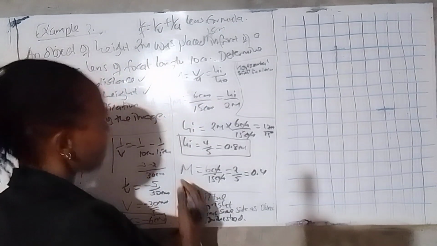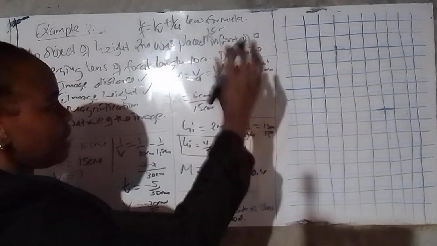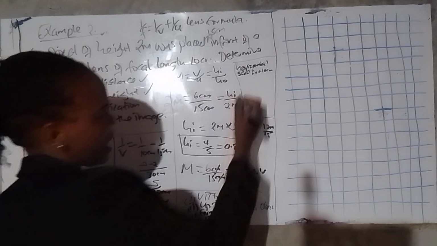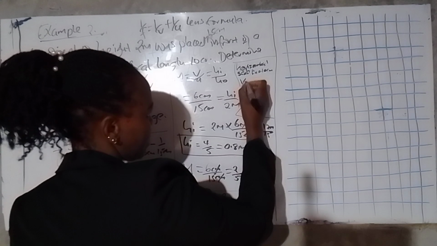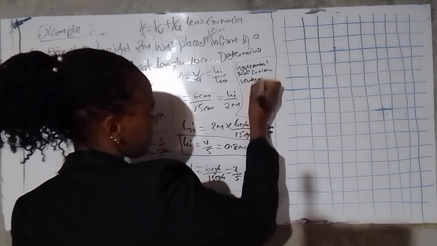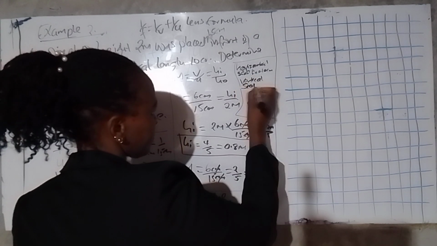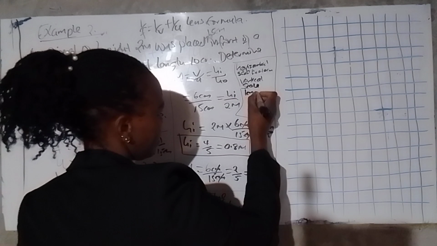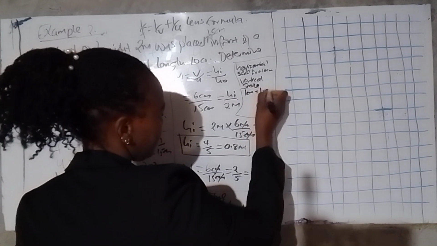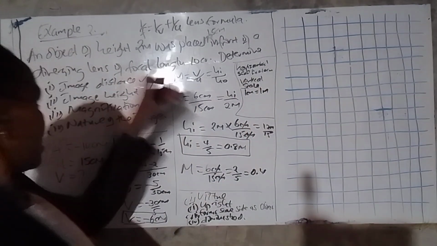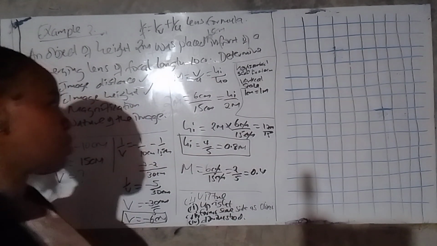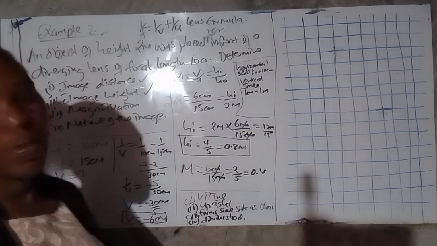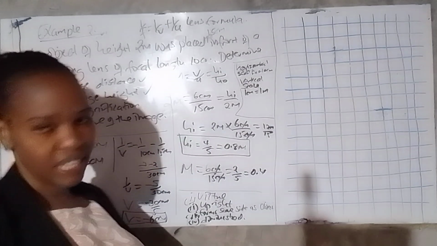Then the vertical scale: since we are using height of object in meters, let's say 1 centimeter equals 1 meter. Because we have 2 meters, on the vertical, one small square represents 1 meter, okay? So let's put that information there.